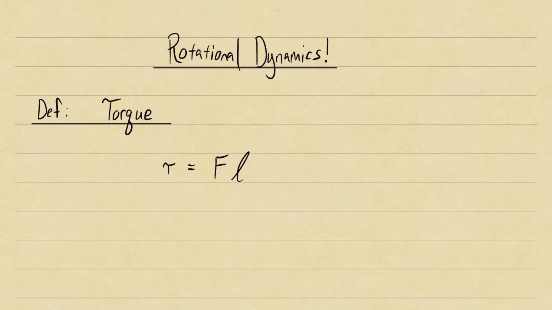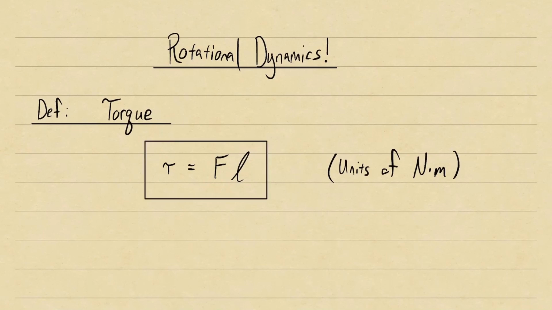So the units of torque: we have a force multiplying a length, so it's units of a Newton times a meter. This thing on the left is what we call a torque, the torque acting on our object.